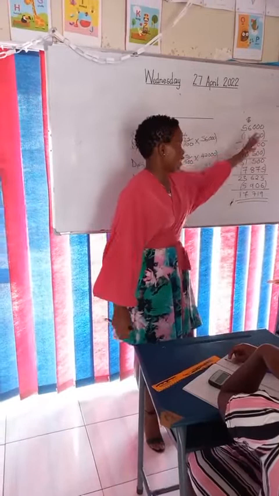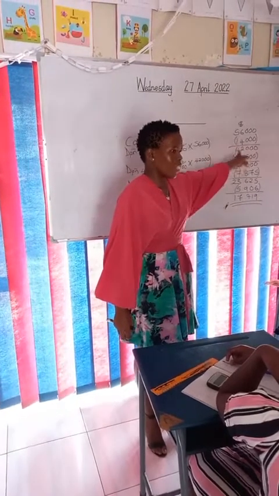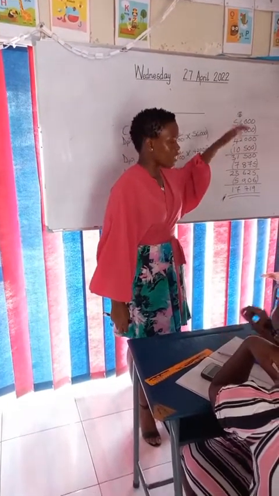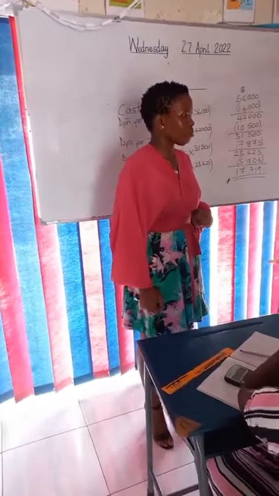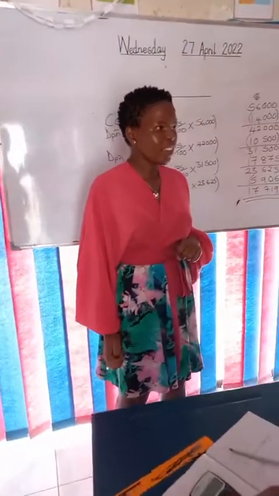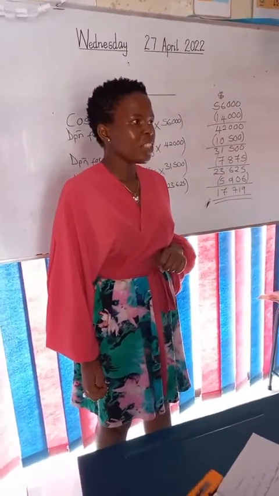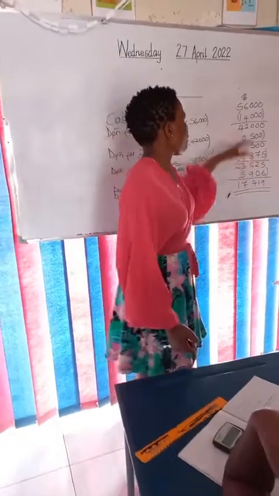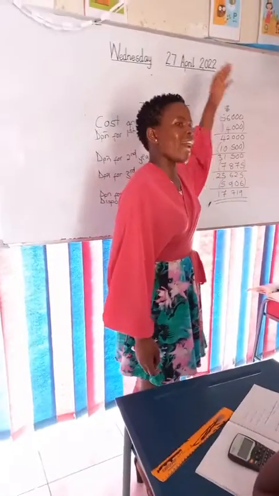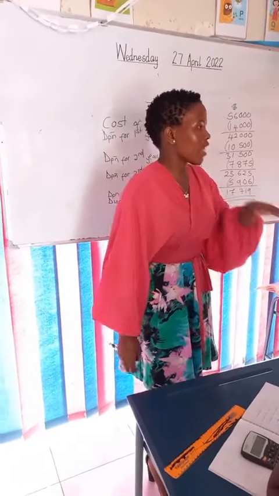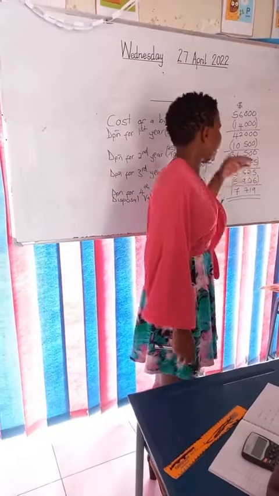What have you noticed there on those depreciation charges? As each year goes by, yes, Tanaka? Each year goes by, starting from the top to the lowest, the amount changes. Yes, correct. In the first years, the depreciation charge is high, and as we go down the years, the depreciation charge gets lower and lower.